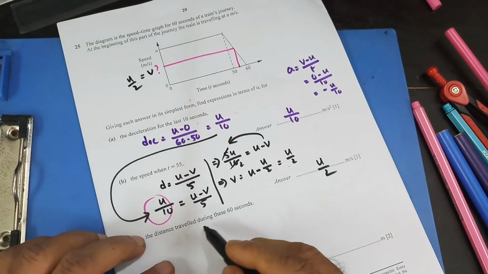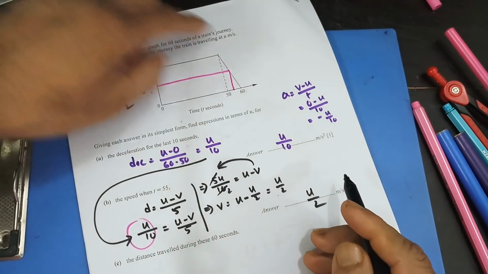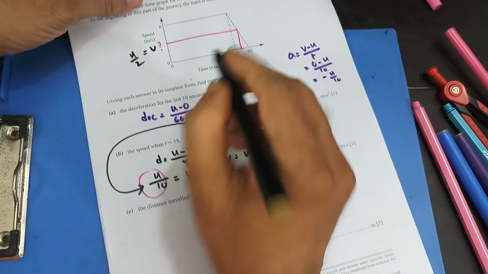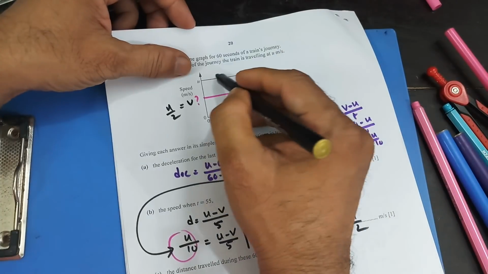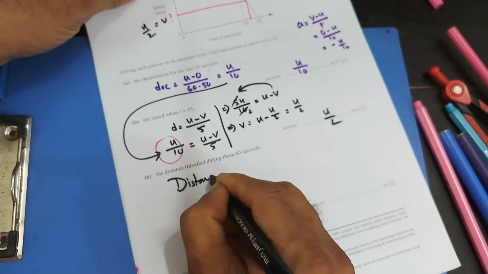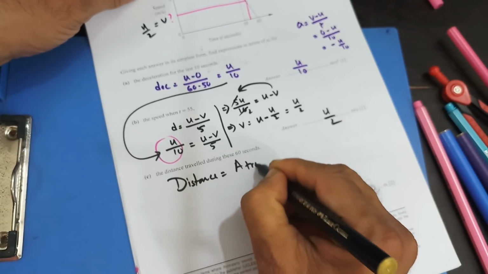All right. The distance traveled during these 60 seconds. What is the distance it has covered? Now we know that distance is the area under the graph. This is a trapezium, so distance equals the area of the trapezium.